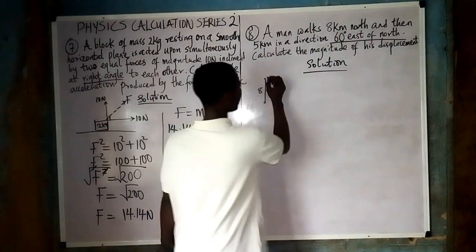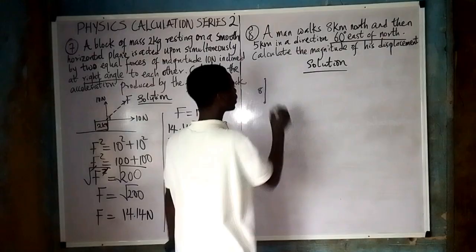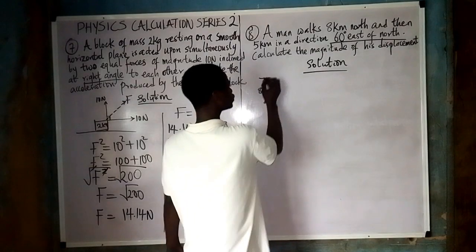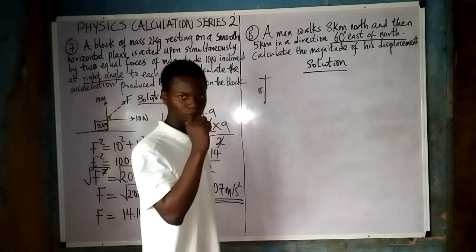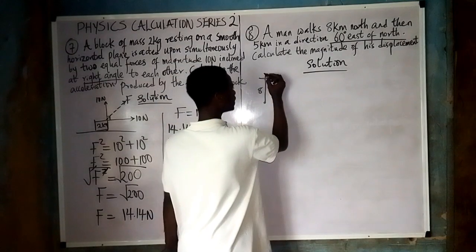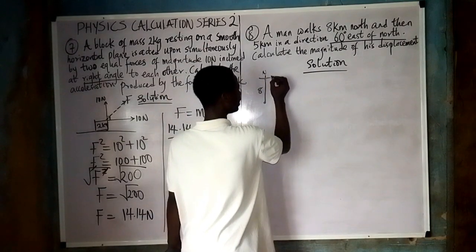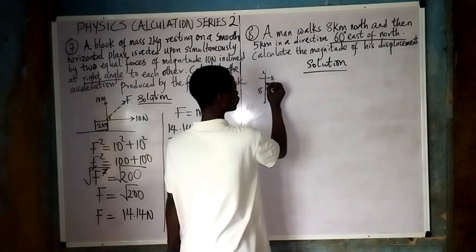Now at this very point, draw the 4 cardinal points, because it moved to this point. So let's see from here how we get to the next direction. The 4 cardinal points here: north, here is east, here is west, and here is south.